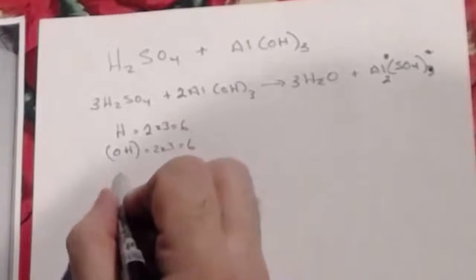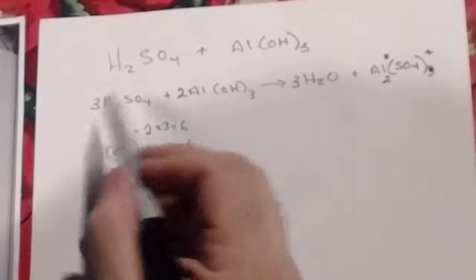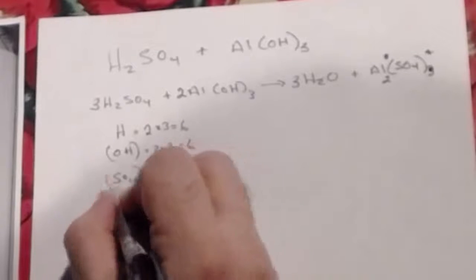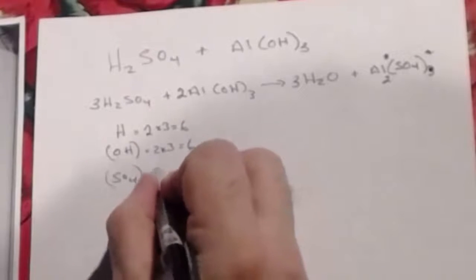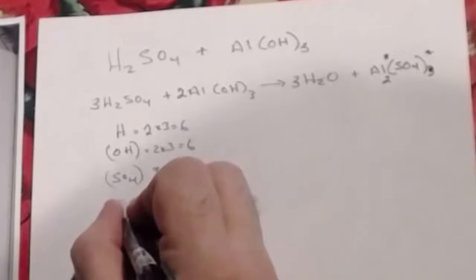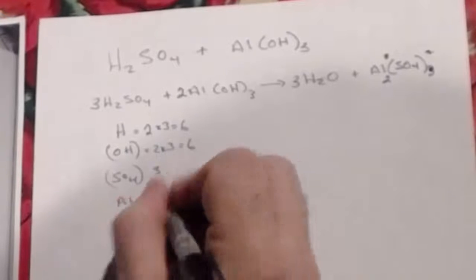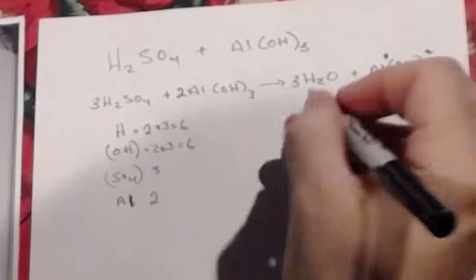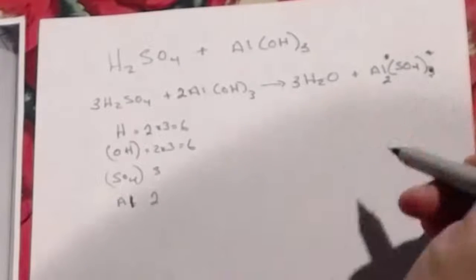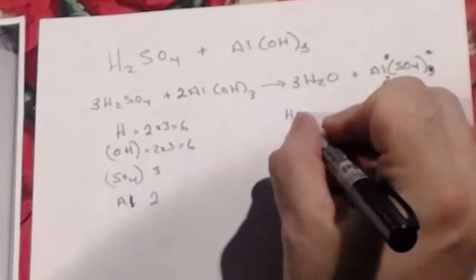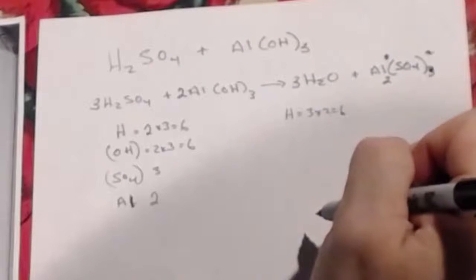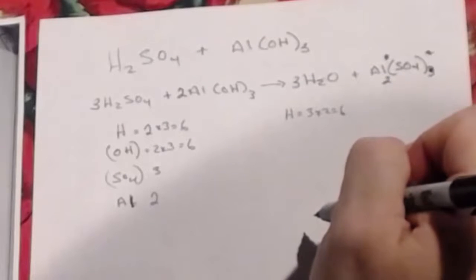And then we've got SO4s, and we're going to have 3 of those. And aluminums, and we have 2. What do we have over here? Well, for the H2O, for hydrogens, there were 3 sets of 2, which equals 6. Oxygens.